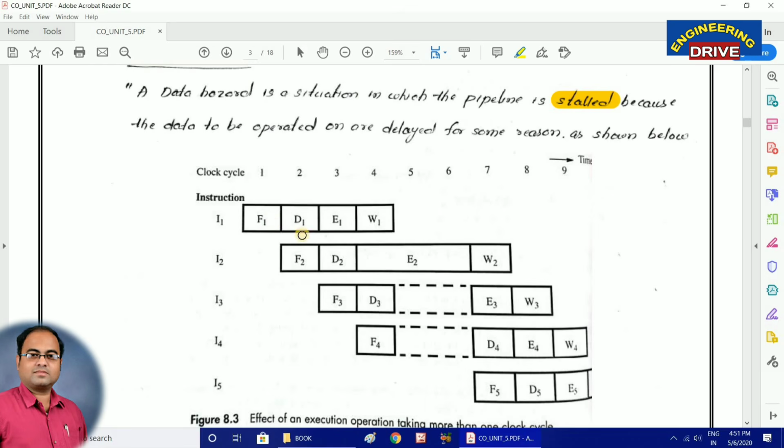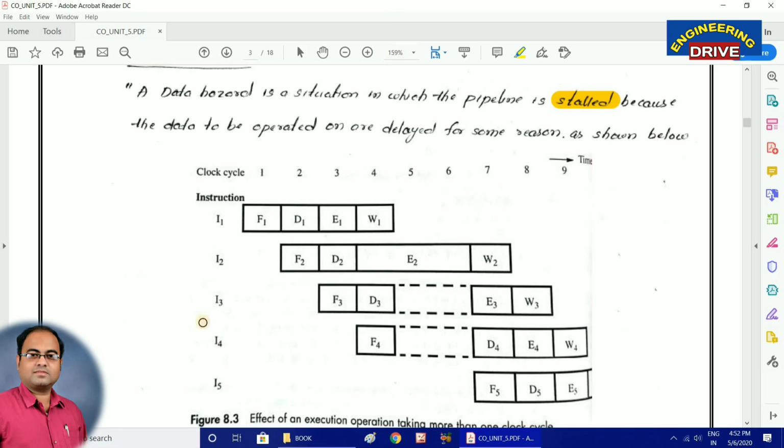F stands for fetch the instruction, then decode the instruction, execute the instruction, and write the instruction. F1, D1, E1, W1.